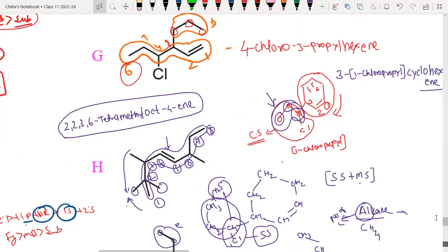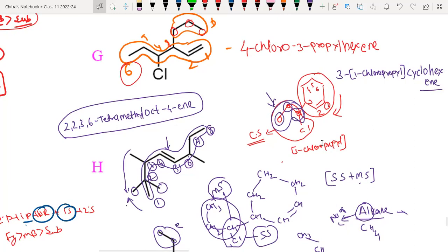Here, when we considered it to be cyclic, although it's not. Here you wrote 3 dash, in the square brackets, you wrote 1 dash chloropropyl, right? Do you need to include the 1? Again, if you want to, you can; otherwise it is not necessary, anywhere, whether it is complex or simple.